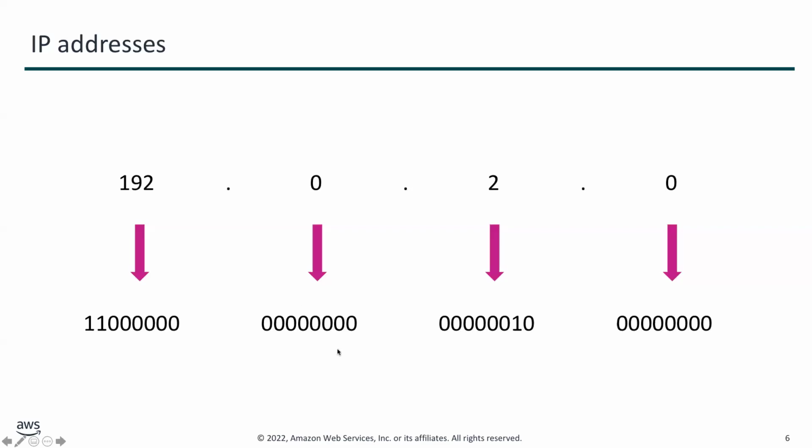An example IPv4 address looks like this: 192.0.2.0. You can call it the name of the computer, or simply the address of the computer.